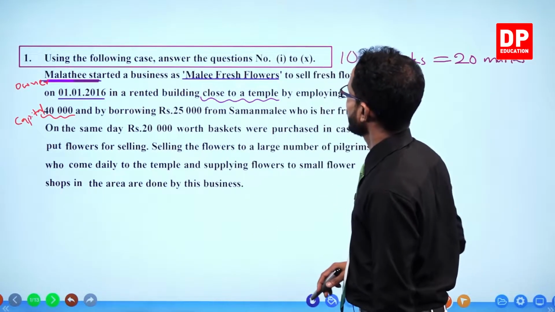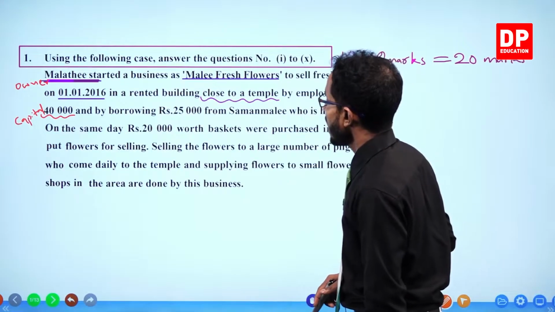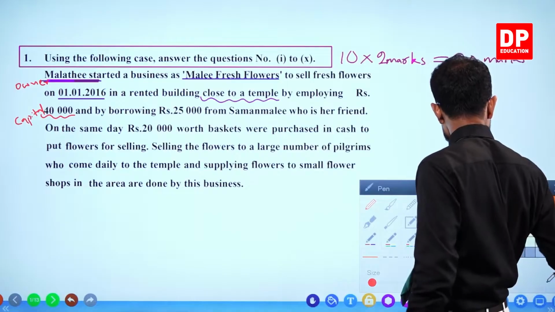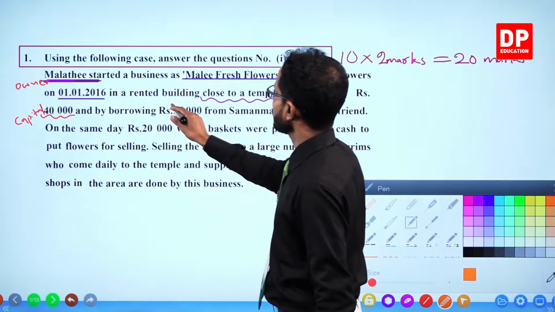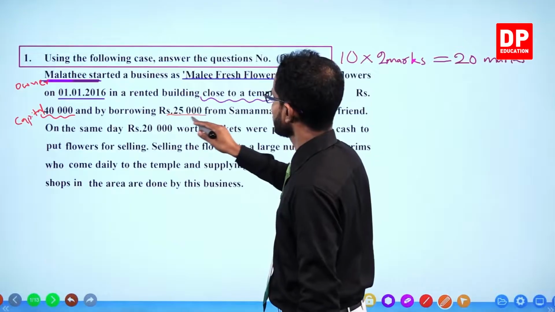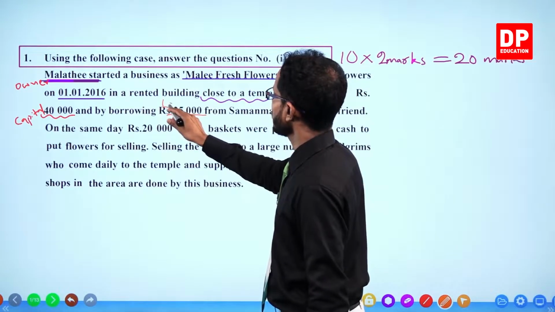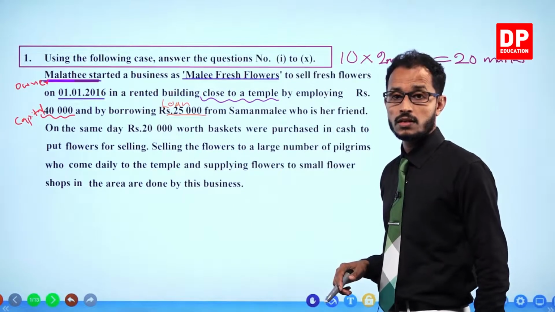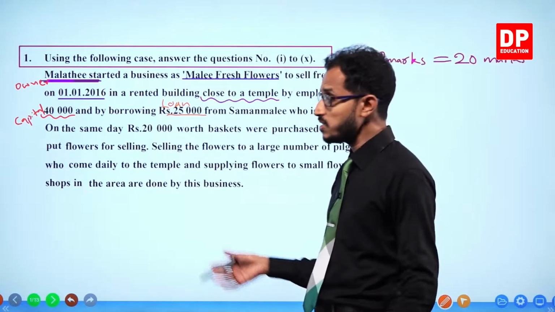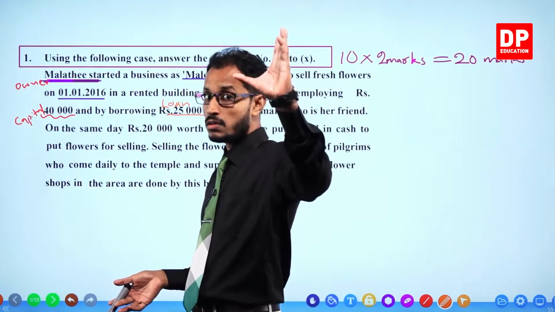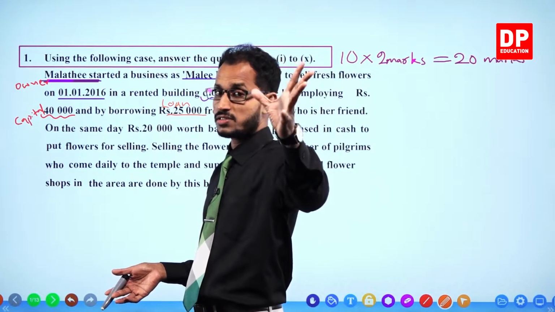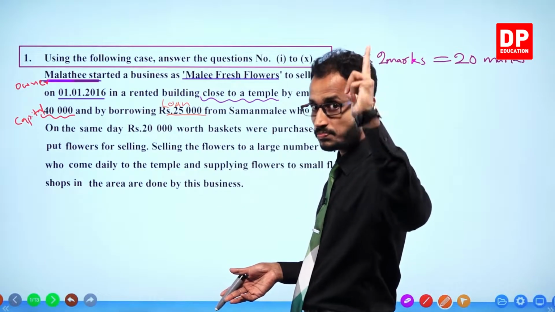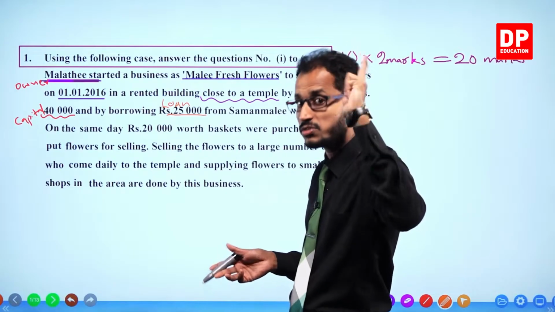And by borrowing 25,000, this is a loan. Got it? Important points, things to notice. You notice these things because you will use them to answer the questions.